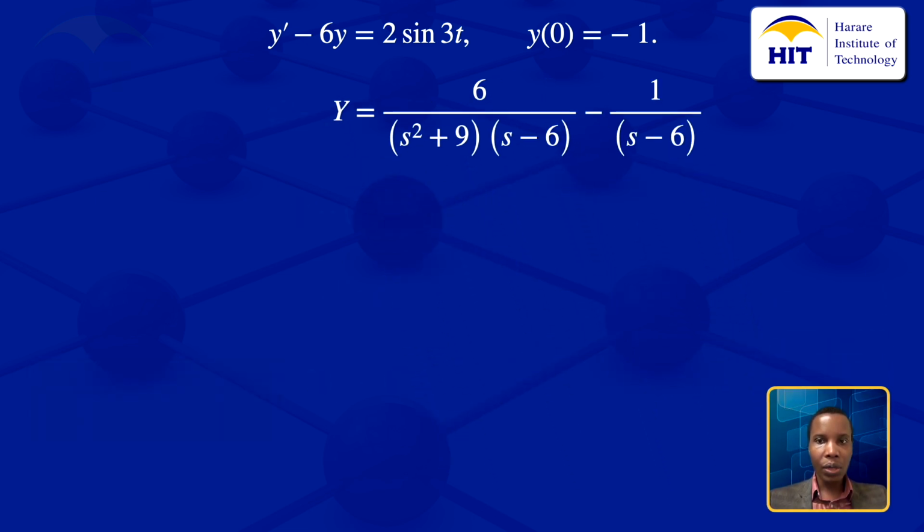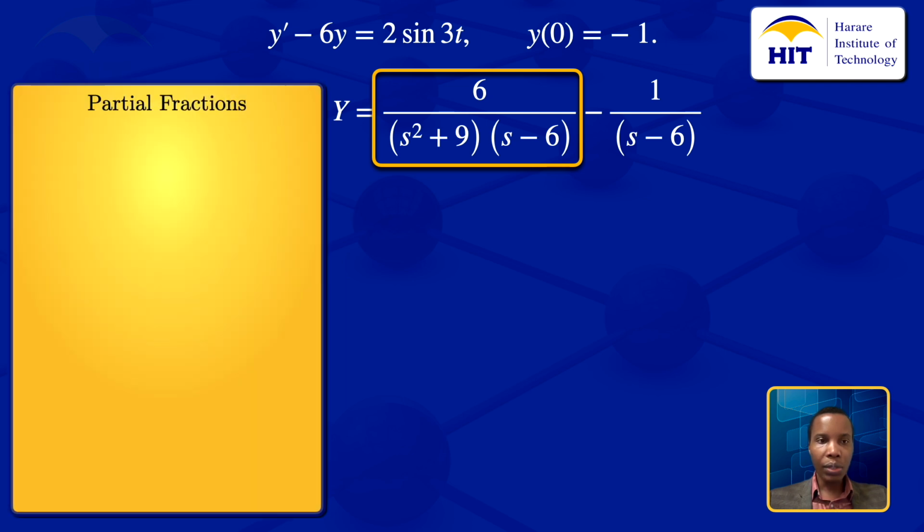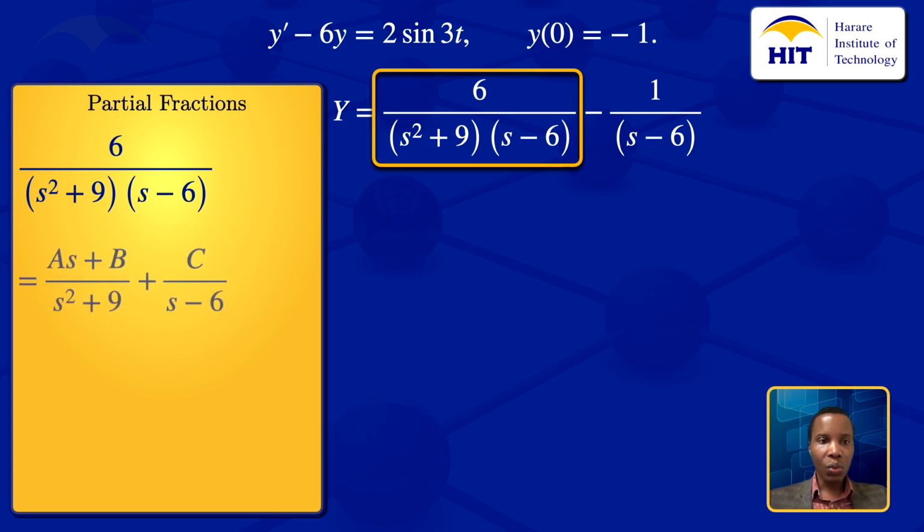And we then go on and look at this part here. In our table of Laplace transforms, we don't have any function which is of this form. So we have to rewrite it using partial fractions. So we'd have 6 divided by (s squared plus 9)(s minus 6) is equal to (As plus B) divided by (s squared plus 9) plus C divided by (s minus 6).